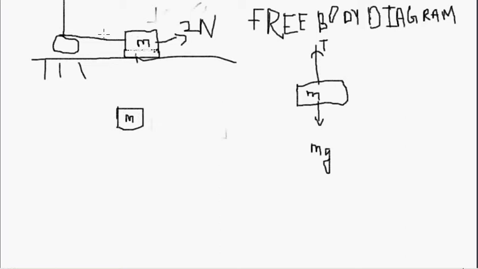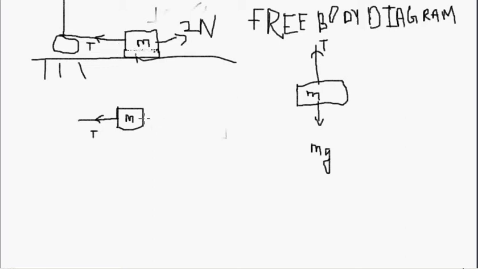We have to remember that tension always acts in the direction opposite to the applied force, so tension will act on the other side. Tension will be something like this, T. Tension is a pulling force on this mass M from the string.